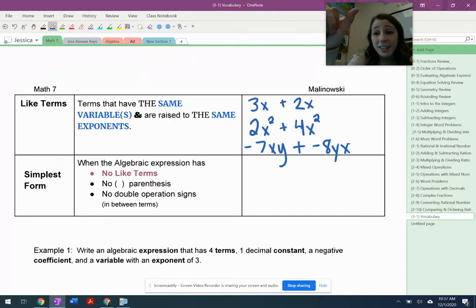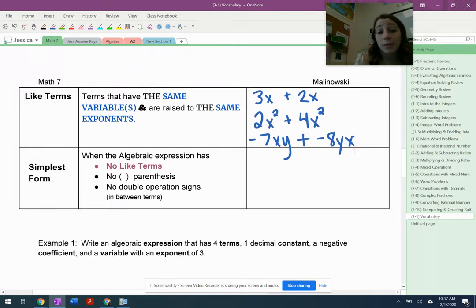They both have an x involved, they both have a y involved, and the exponents are also the same. The exponent on the x matches this one, and the exponent on this y matches that one. So all of those are examples of like terms. Same variables, same exponents. Important pieces.